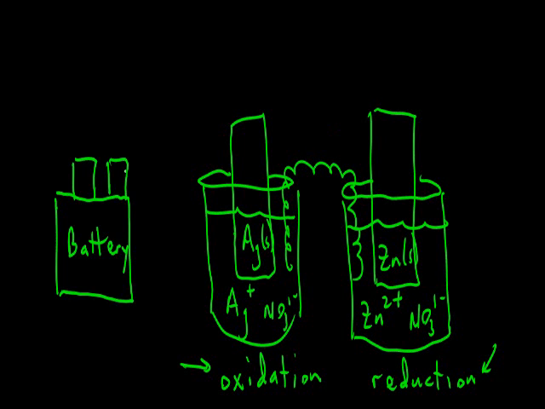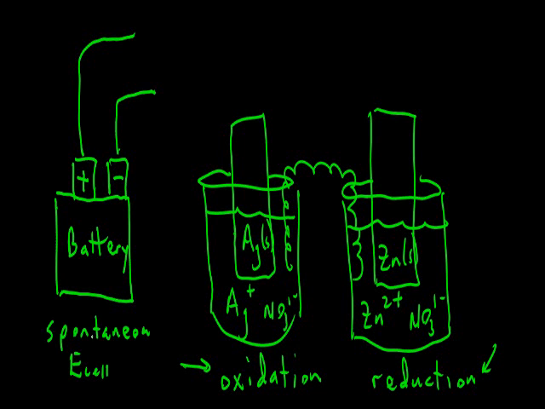Now one thing that will be different for our non-spontaneous electrochemical cell is that we're going to have to hook the electrodes of our chemical reaction to a battery, which provides a power source to force the reaction to proceed in the direction in which it's non-spontaneous. By adding electrical energy, we can push the reaction to occur in this direction.